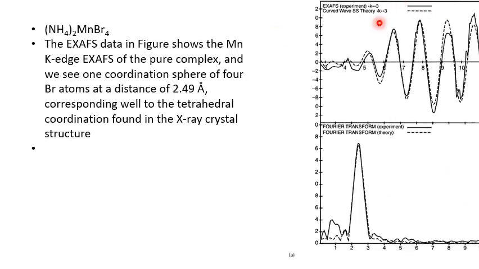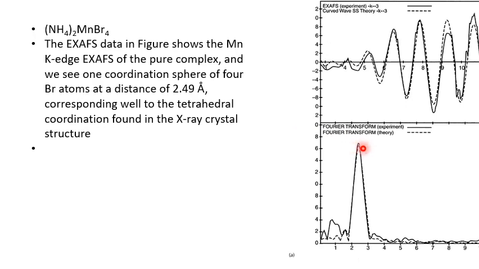This is the EXAFS spectrum for the complex diammonium manganese tetrabromide, and this is the radial distribution for this complex, obtained when the Fourier transform operation is applied on the spectrum. The EXAFS data in the figure show the manganese K edge of the complex.